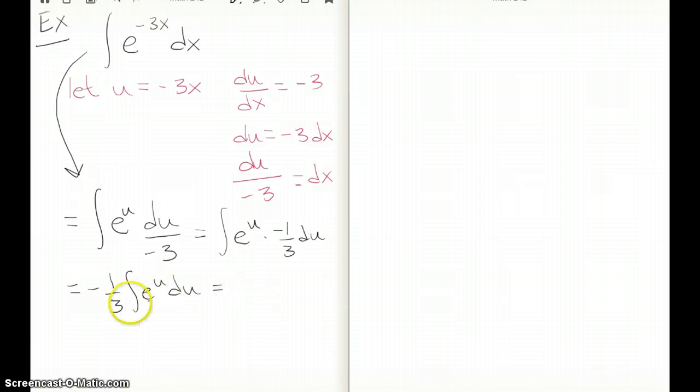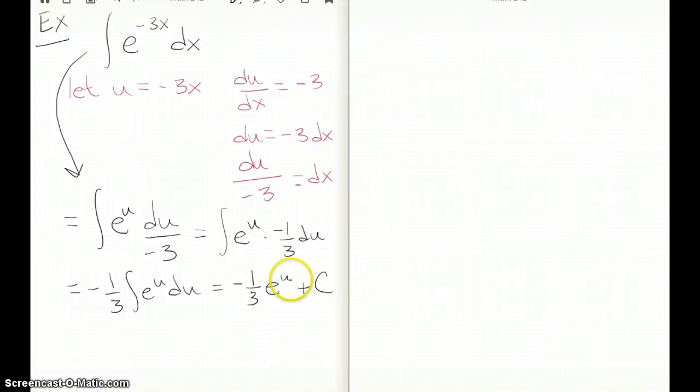The negative 1/3 is just a constant living out front that we don't really have to do anything with besides rewrite it. The antiderivative of e to the u, where u is the variable, is e to the u. And then we add a constant of integration. Again, remember not to be finished at this point.